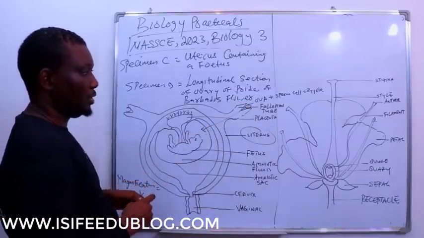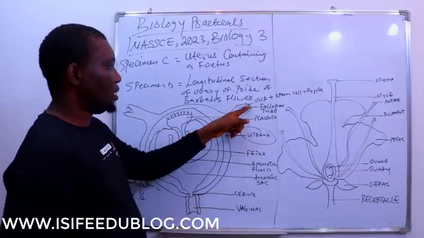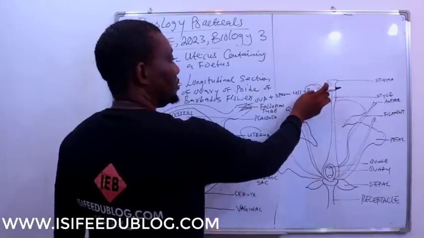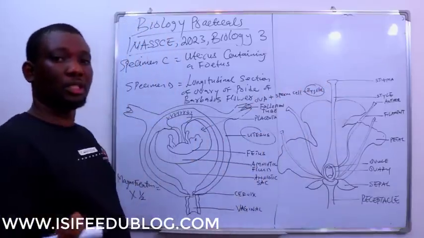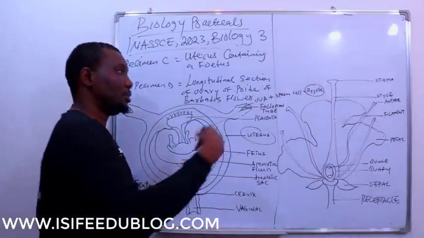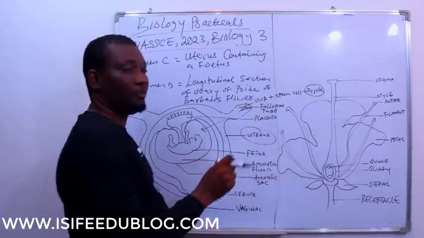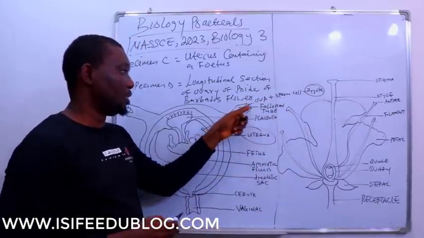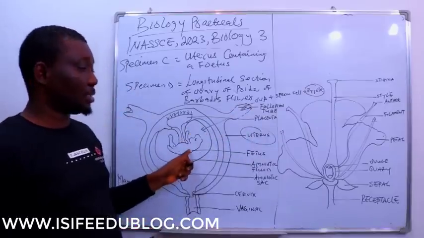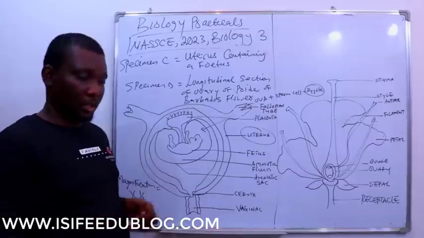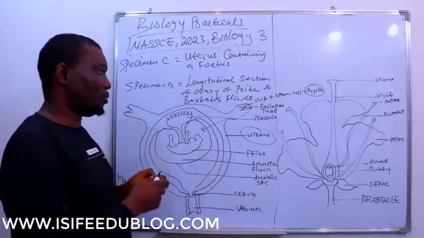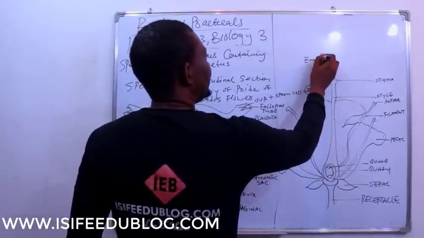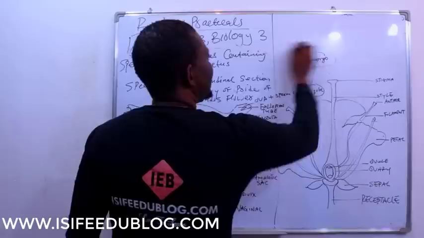The zygote, having taken enough nourishment or food from the yolk, is no longer comfortable in this size to accommodate it. So the zygote will forcefully leave this position and try to reside in another position. This is a struggle, but at that stage, it has now changed to what we call embryo. Embryo is at that point.